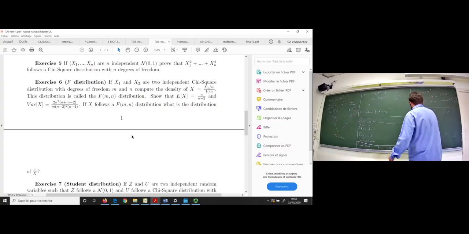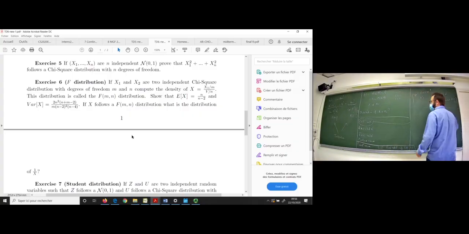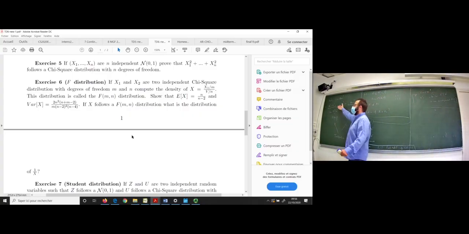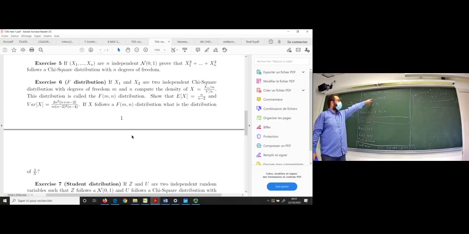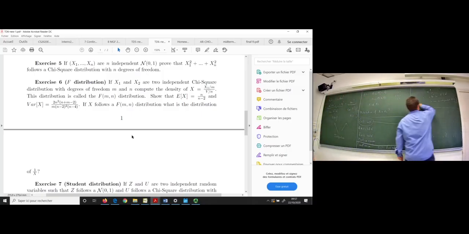Now, what I have is two random variables that follow a gamma and that are independent. If I know the result of this one, it's finished. If I don't remember, I can do the one-line computation.